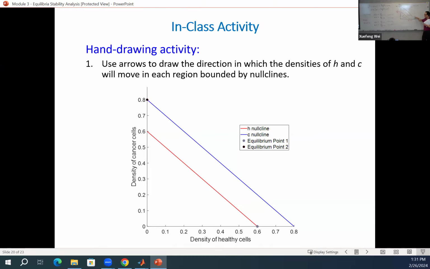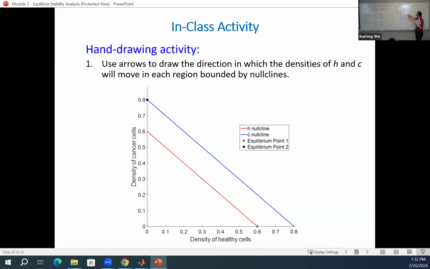This is northwest because in between, it's below this and above this. This line represents dx2/dt equal to 0, so this is what we call the x2 nullcline. This is the x1 nullcline.